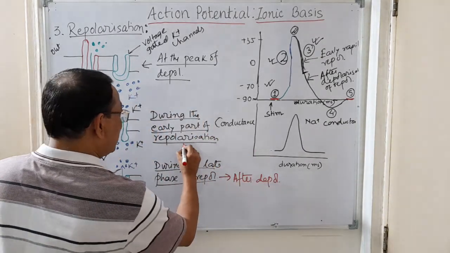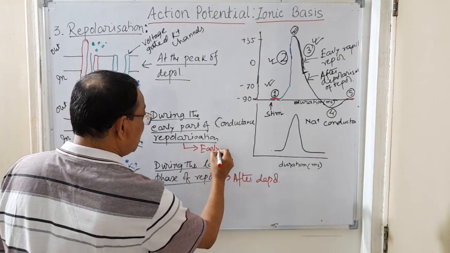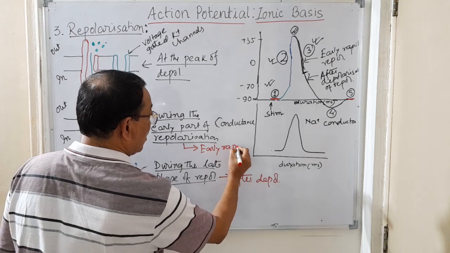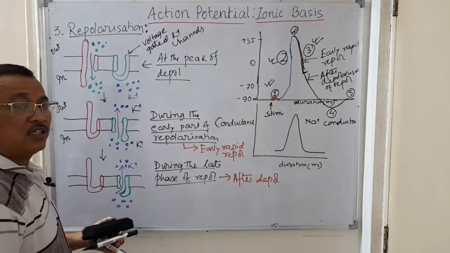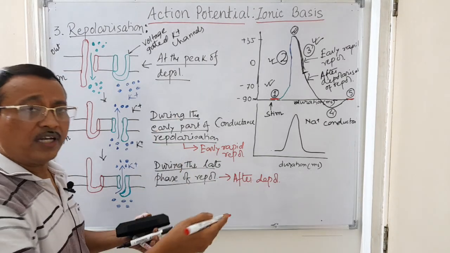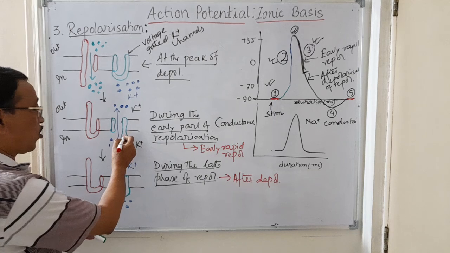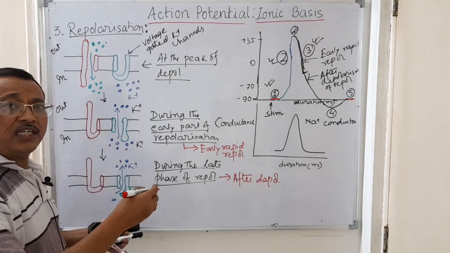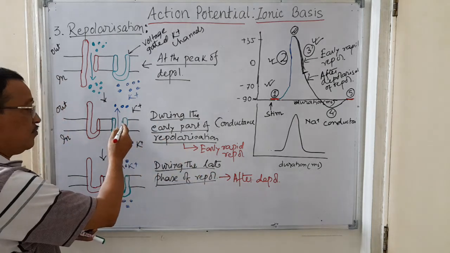And this phase is known as the early rapid repolarization. So initial rapid repolarization is because of the full opening of the voltage gated potassium channels through which potassium exit takes place rapidly.